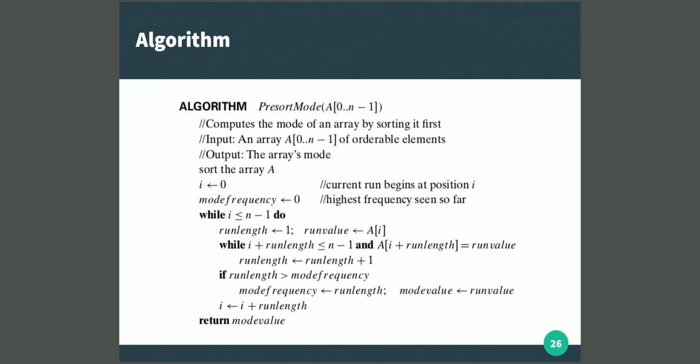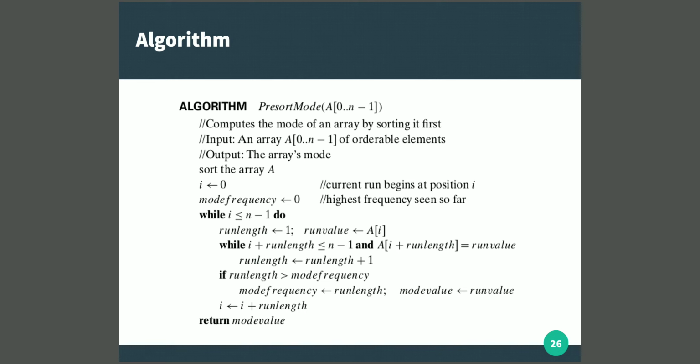We check whether the current run length is greater than the mode frequency. If the current new run length is greater than the mode frequency, then we make this run length the newer mode frequency and the corresponding run value the mode value. For example, say that so far my mode value is 4, which has been repeated 2 times.